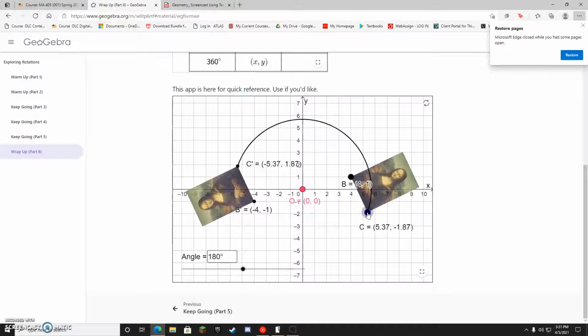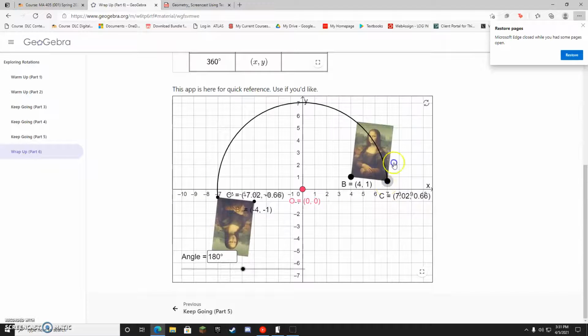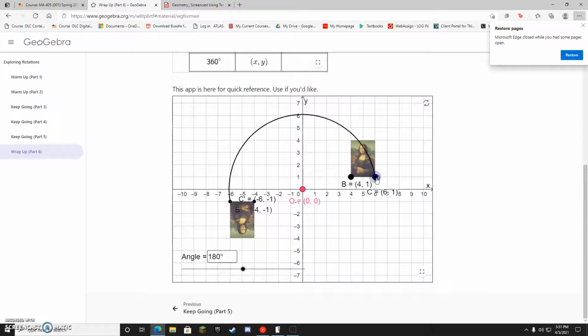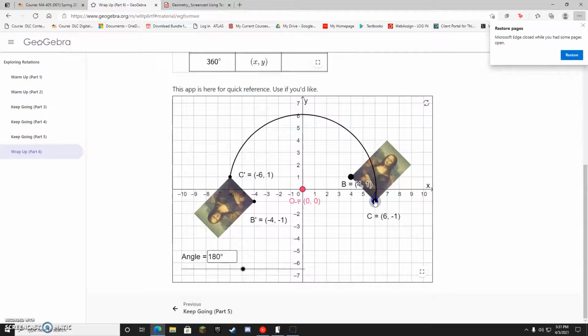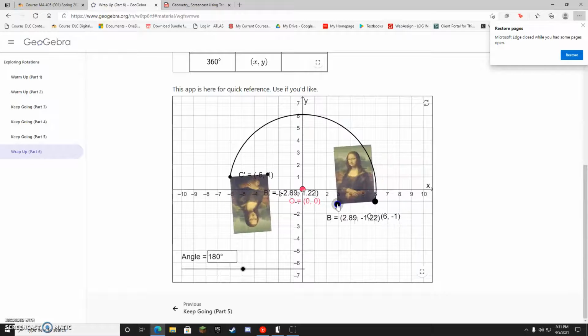So with 180, you move it, and you see that B is 4, 1. Well, B prime is -4, -1. So this one is just the rule is that it's negative x, negative y. So C is 6, 1, C prime is -6, 1. So it's the same coordinates, just the signs are flipped.